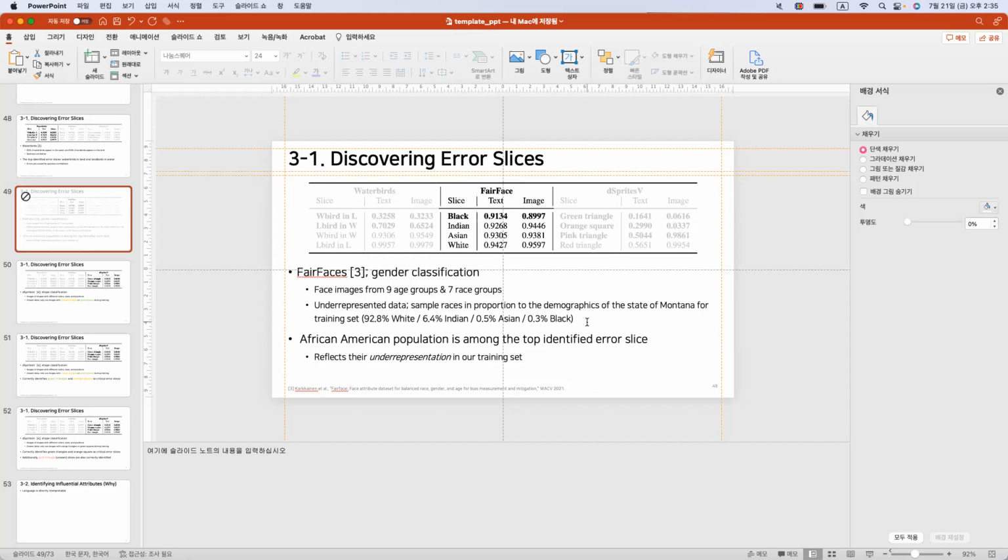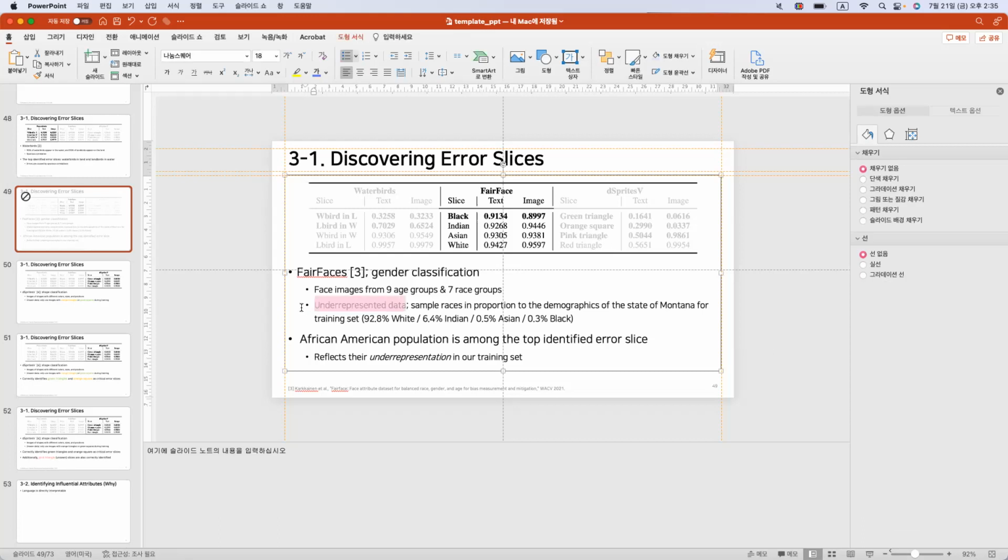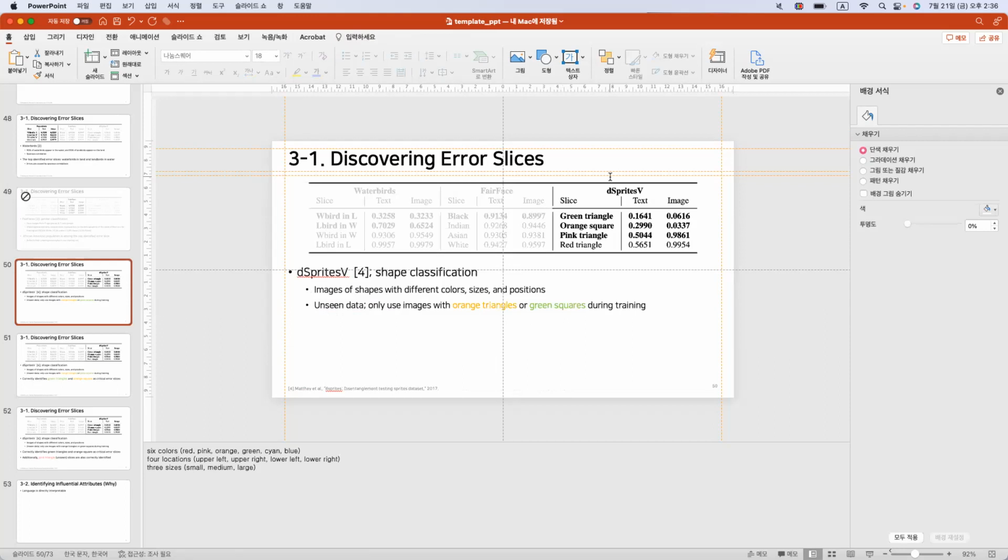Actually, the target is a little different, because FairFace is targeted at underrepresented data, and Spurious is targeted at unseen data. So it is a little bit different, but the method is the same.